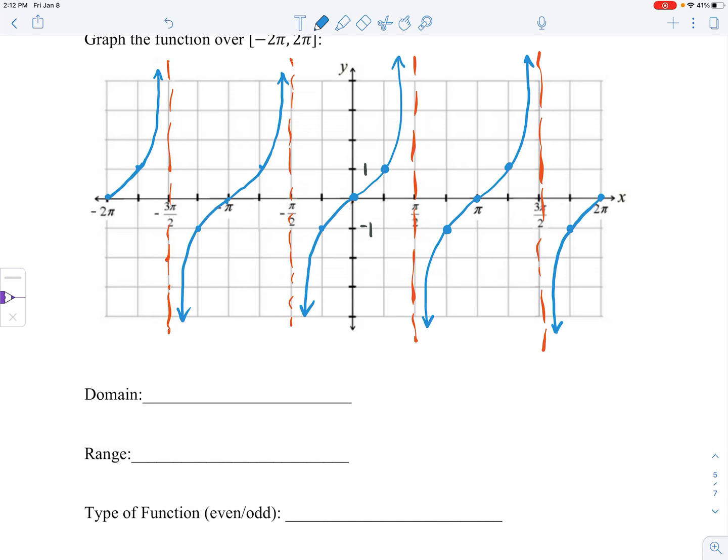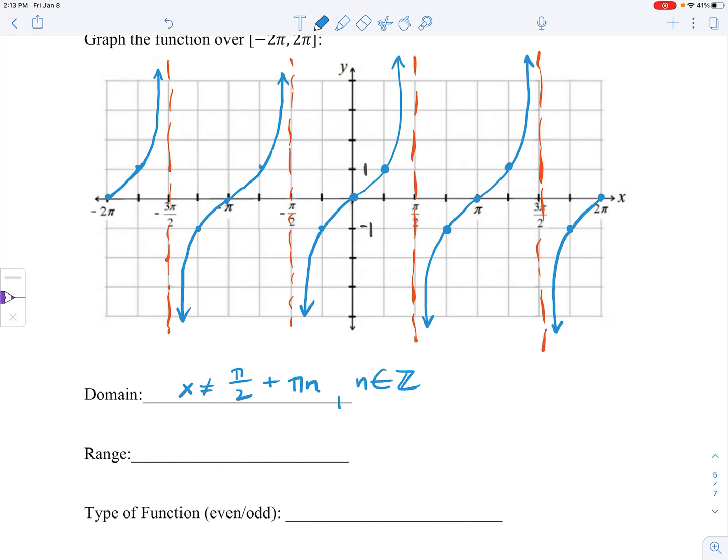Okay, so for stating the domain, all real numbers except x can't be equal to, well, we said there's a distance of pi between each of the vertical asymptotes. So if I think about pi over 2 as being the first vertical asymptote, and then adding multiples of pi, which I can represent as pi times n, and then defining n as an element of the integers, so where n has to be an integer.